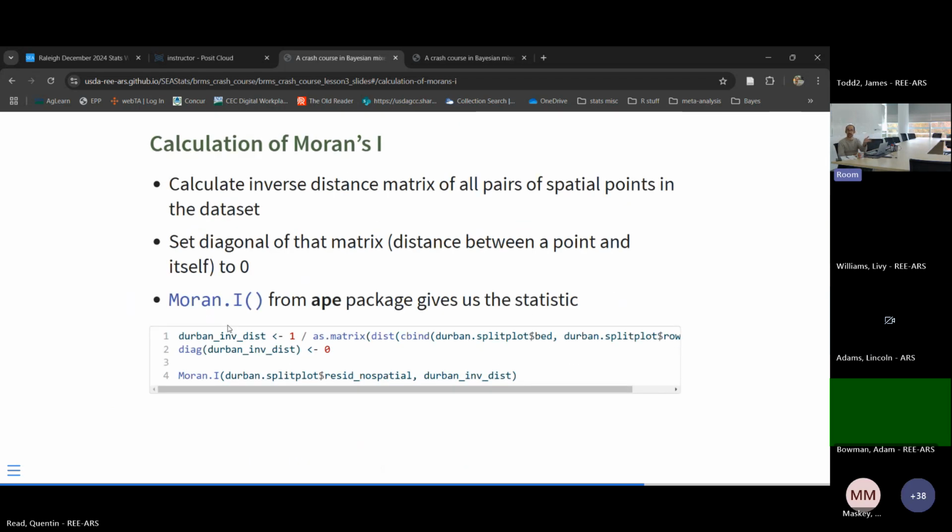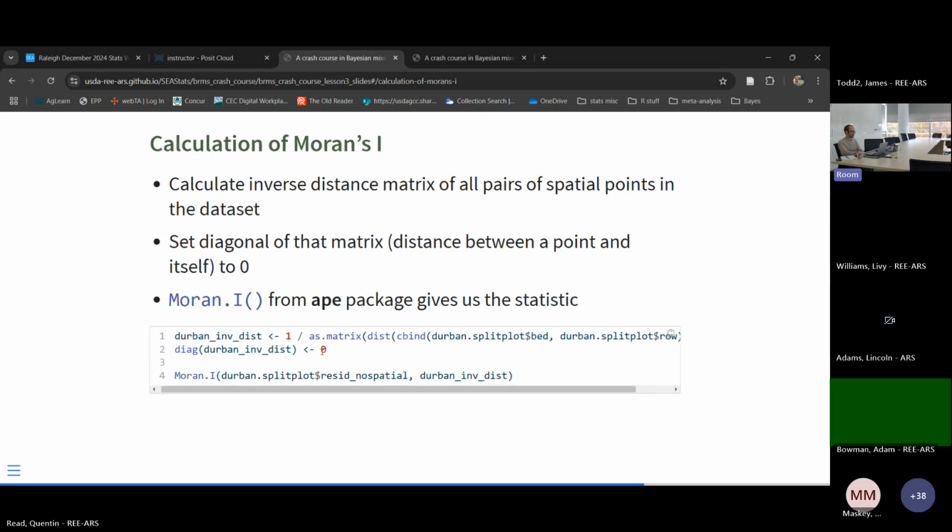Again, this is not a Bayesian calculation. This is just a statistic we're calculating off the data. And you could do this even if you weren't doing Bayesian statistics. The way you do it is by calculating the distance between all pairs of points in your data set, by taking the X and Y coordinates of your data and then taking the inverse of that, 1 over the distance.